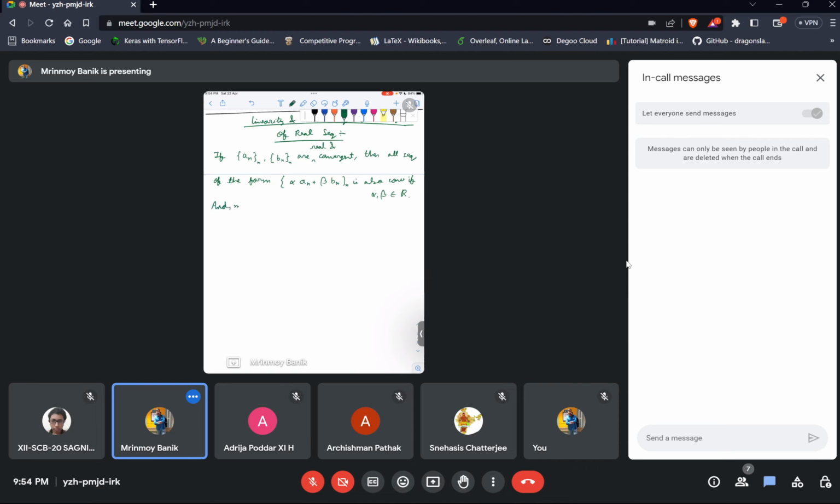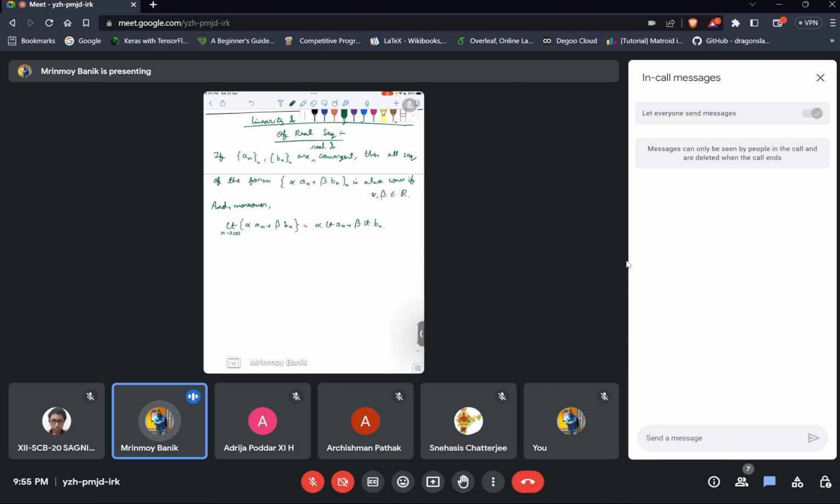And moreover, that limit is actually also linear. So the limit of alpha an plus beta bn is equal to alpha times the limit of an plus beta times the limit of bn.